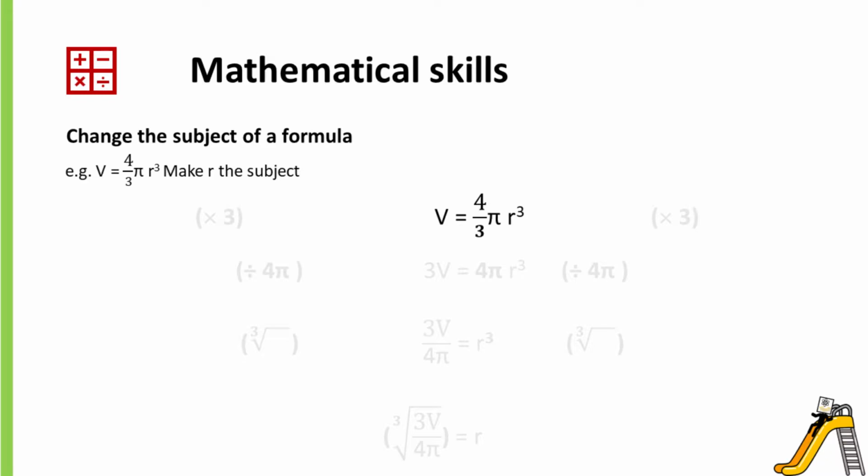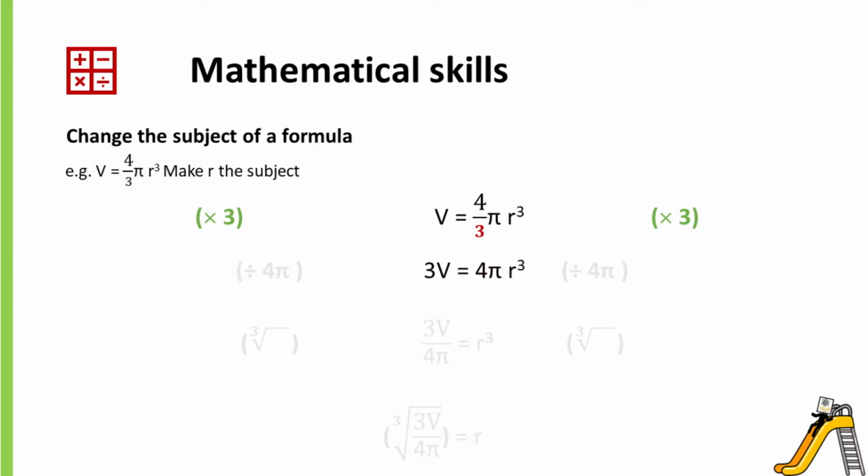The first thing to do with this equation is that we need to get rid of that 3. That 3 on the right hand side is dividing the 4. So we need to consider the opposite of division, which is multiplication. So we will multiply both sides by 3 in order to get rid of the 3 on the right hand side. What this gives us is 3v is equal to 4 pi r cubed.